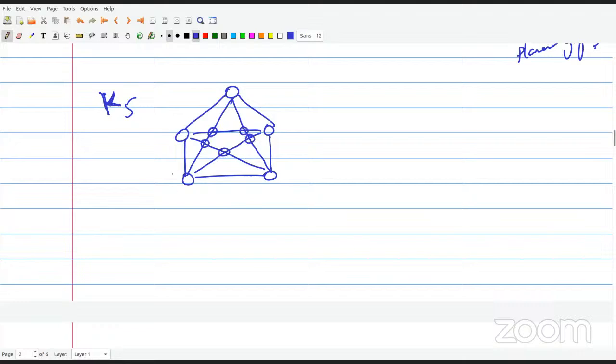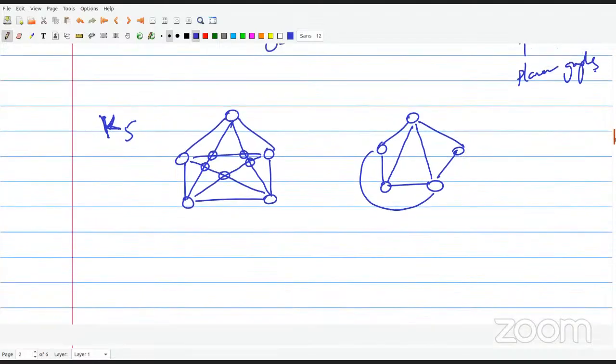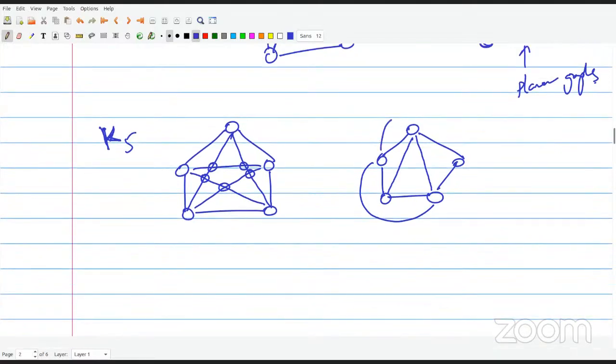And even if I try to rearrange or redraw the graph, I can draw it like this, and now I have to join these two. So these two, if I have drawn like this, and these two, if I have drawn like this, now I am left with these two vertices, this and this.